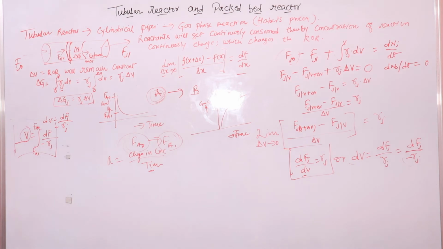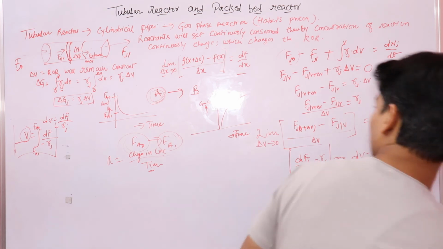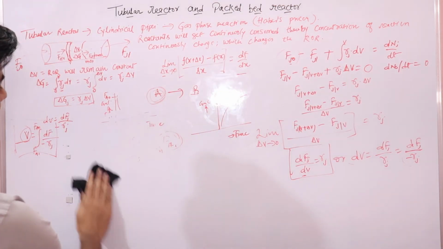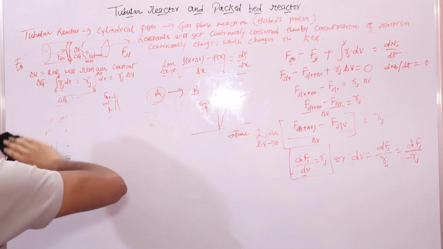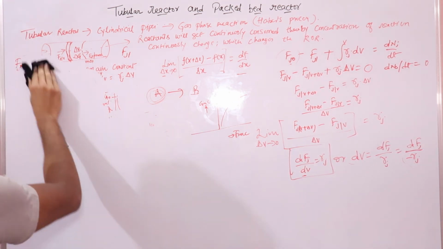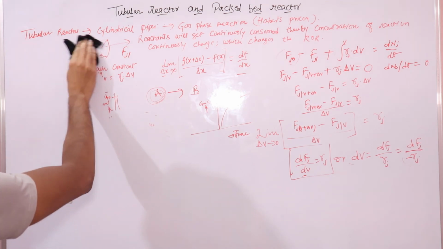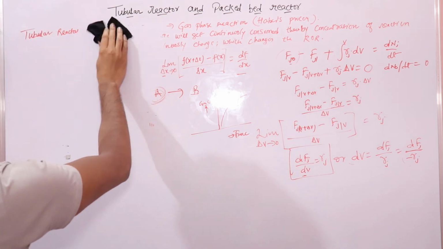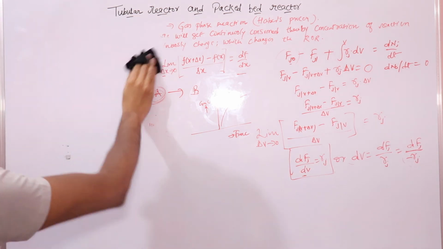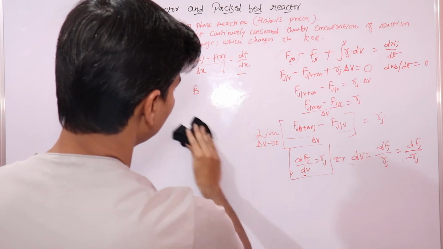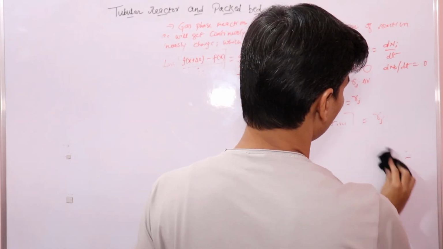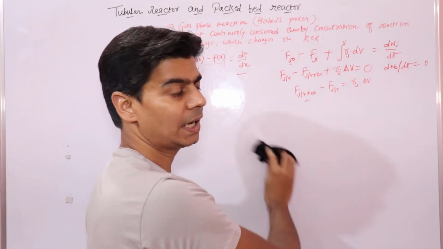Now the second one is your packed bed reactor. Packed bed reactors are particularly used in heterogeneous reactions, where we have a liquid and a solid phase, and let's say the solid phase is the catalyst.